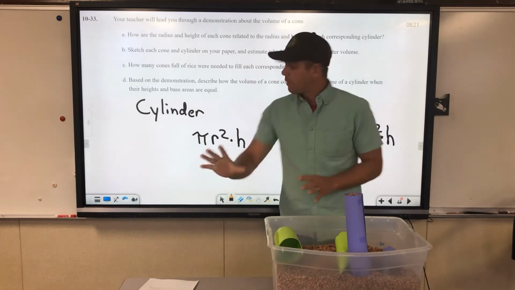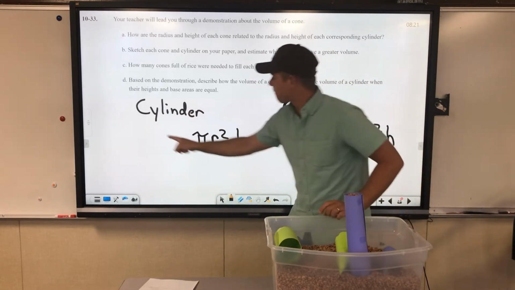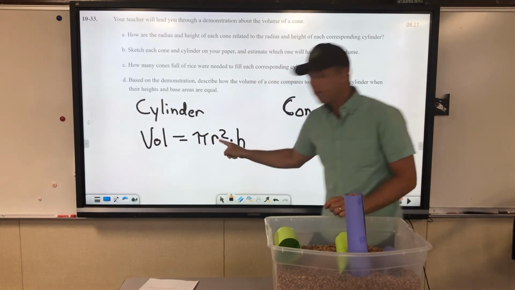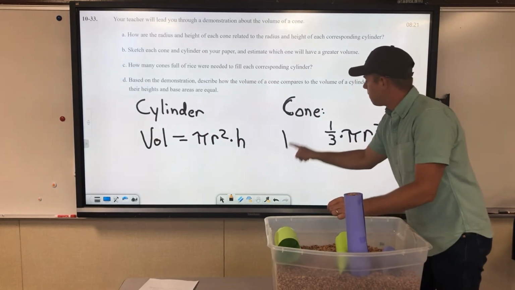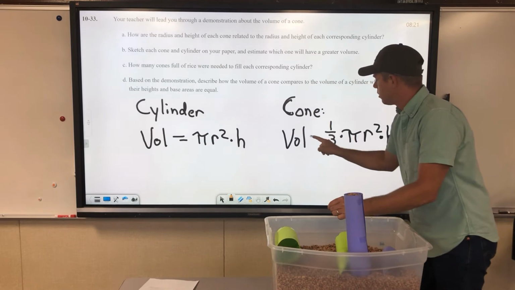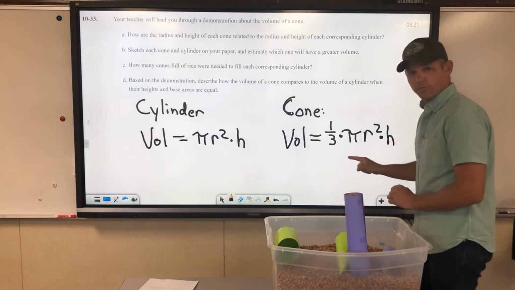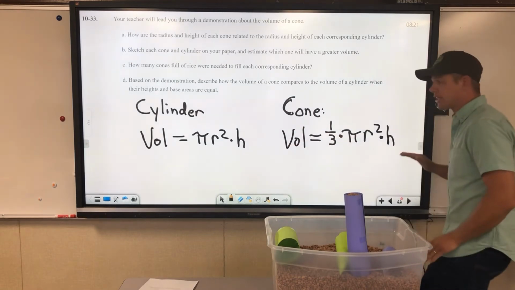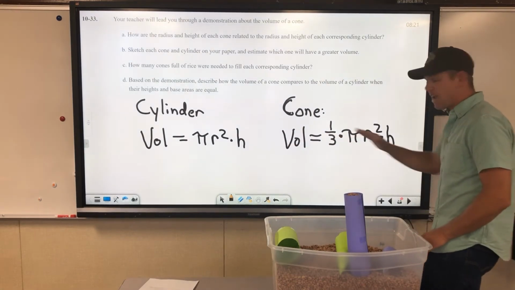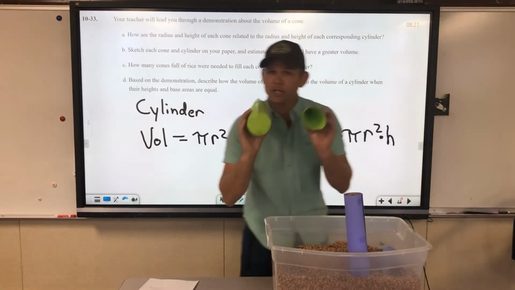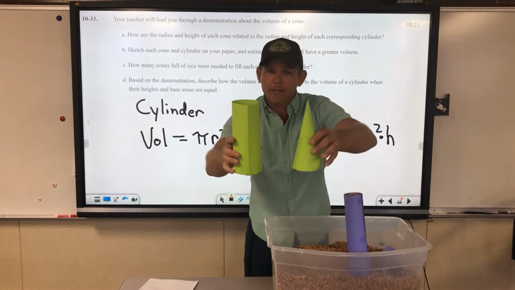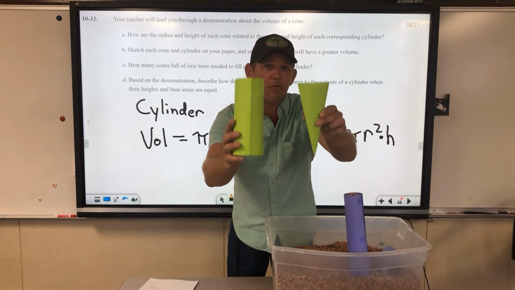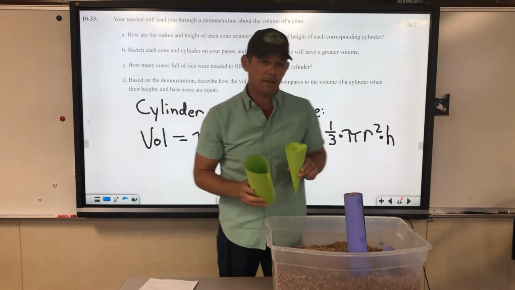Okay? This is the formula for finding the volume of a cylinder and the volume of a cone. They have very similar situations. They have a matching base. They have a matching height, except the cone is 1/3 of the size.